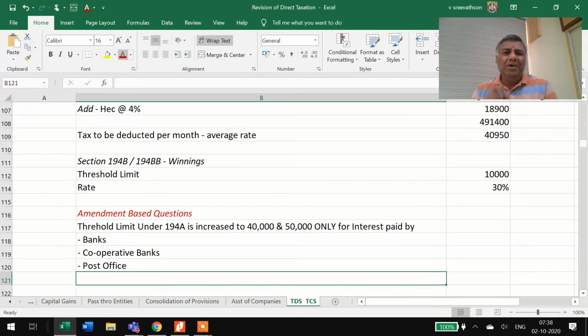So the 40,000 for non-senior citizens and 50,000 for senior citizens is applicable only for bank interest.